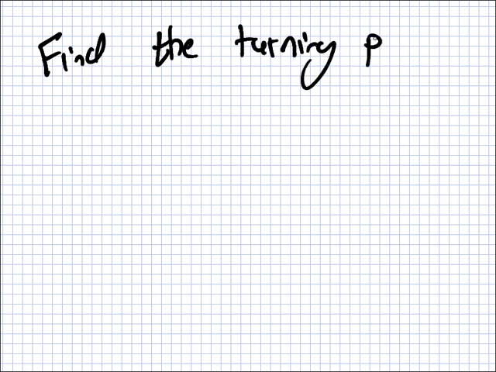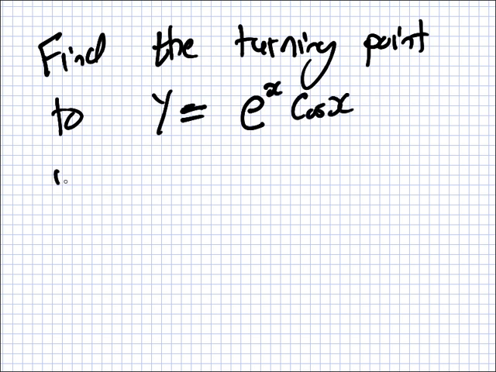Find the turning point to y equals e^x cos x, where x is between 0 and pi.